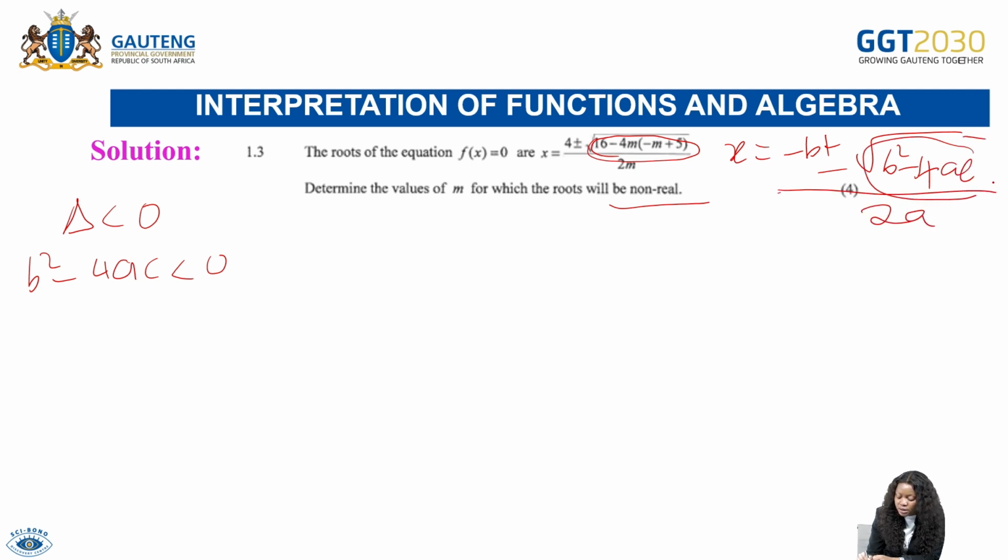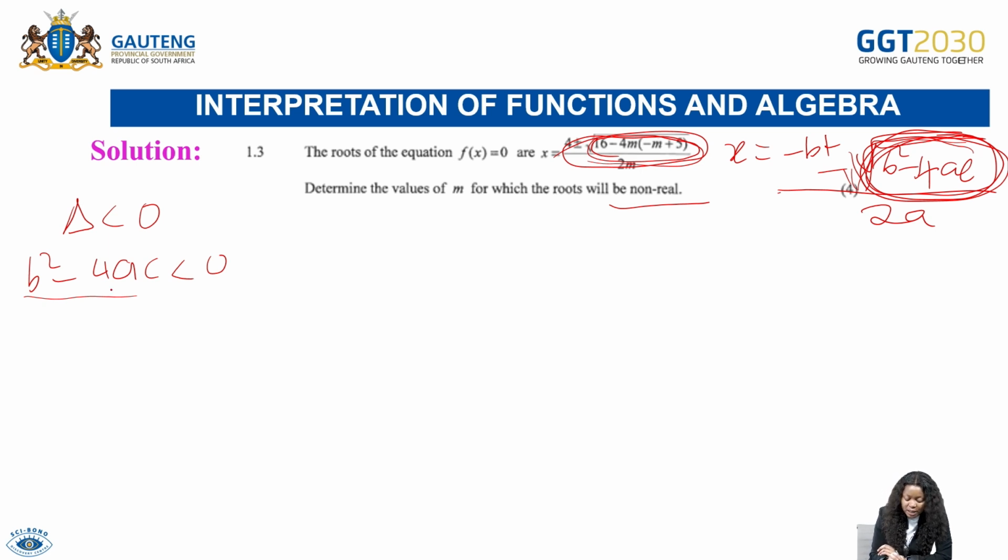So b squared minus 4ac, that expression under the square root, we say it's your discriminant. So already in this equation of f of x equals 0, they have substituted into the quadratic formula. So from there you don't need to substitute anything in b squared minus 4ac because they have done it for you. It is under that square root.